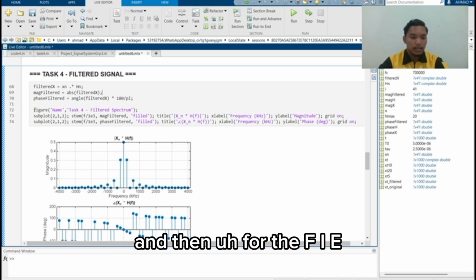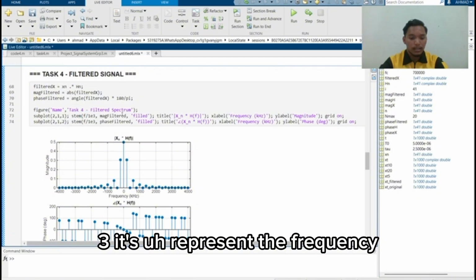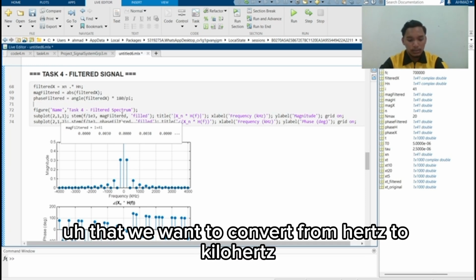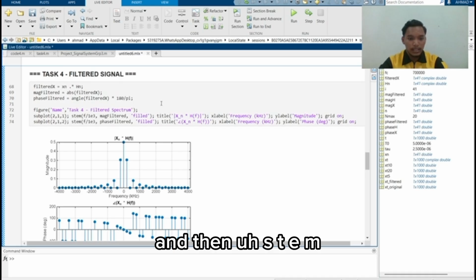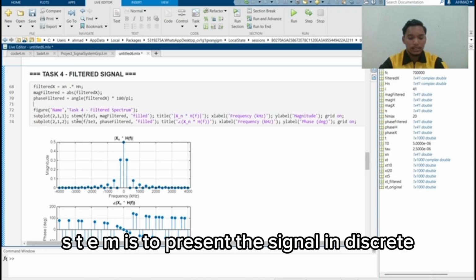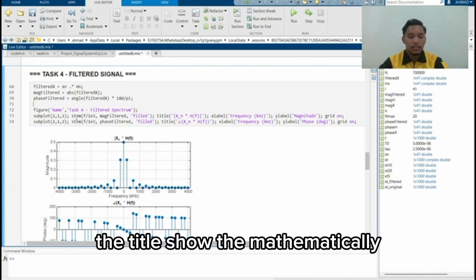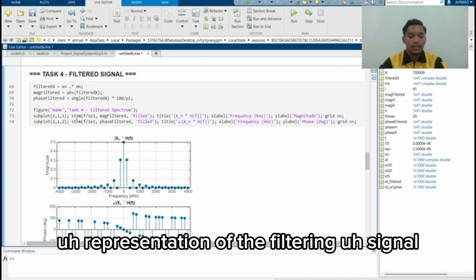And then the frequency that we want to convert from hertz to kilohertz. STEM represents the signal in discrete form in the frequency. The title shows the mathematical representation of the filtering signal.